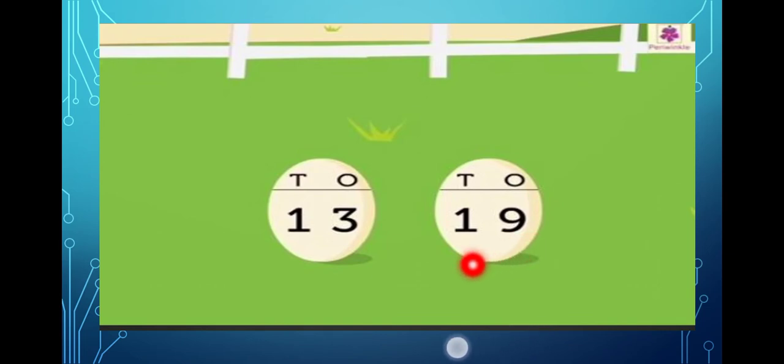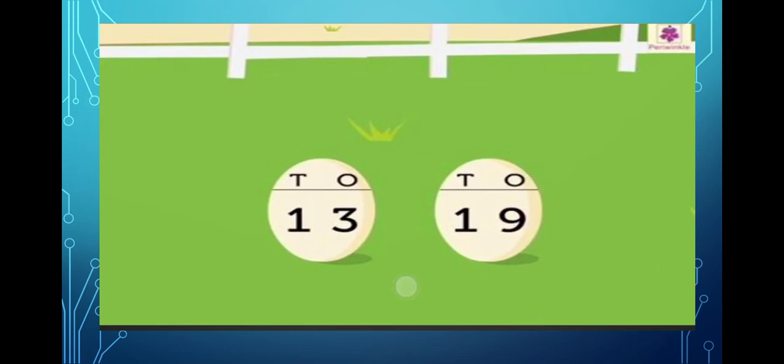This one also we are going to compare using ones and tens. Okay, here also the tens place is the same. In 13 it is 1 ten, in 19 also it is 1 ten. So we are going to see the ones place. Here it is 3 and in 19 the ones place is 9.